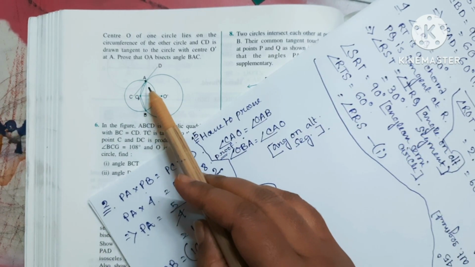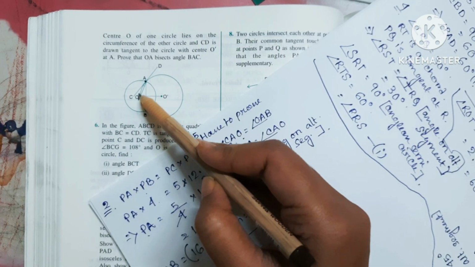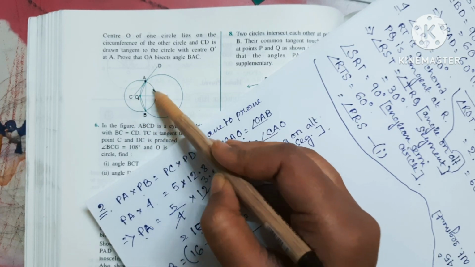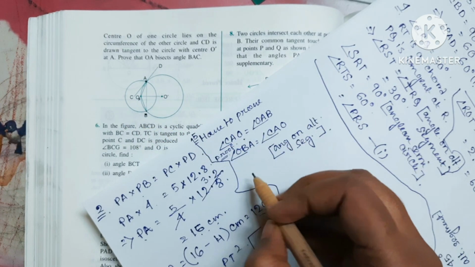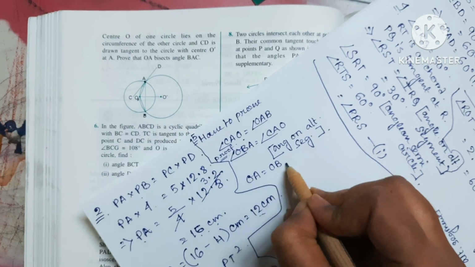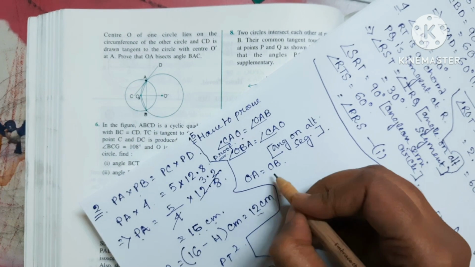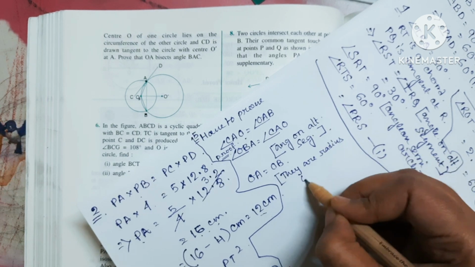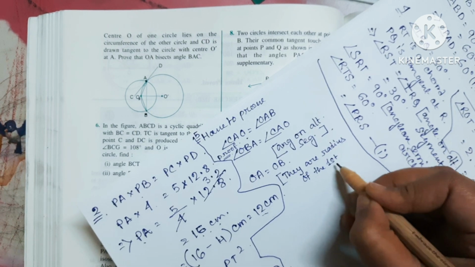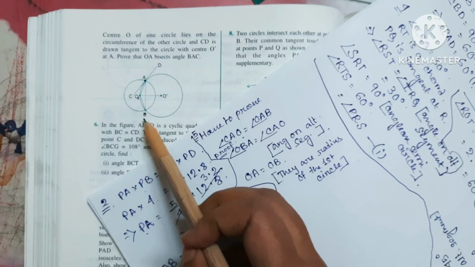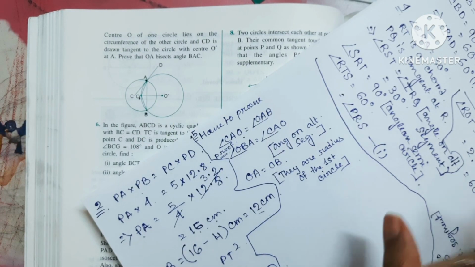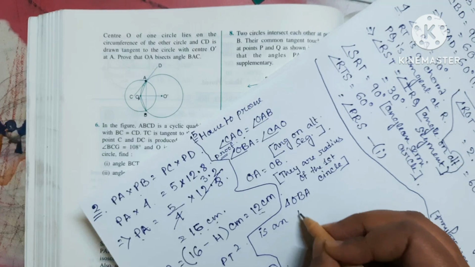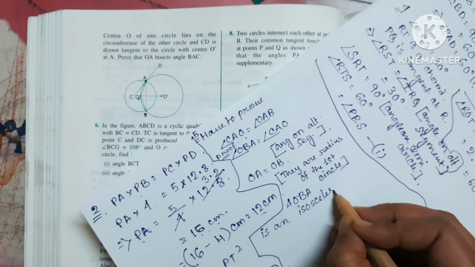Okay, in case of this triangle OAB, OA and OB are radii of the first circle, so they are equal. That means OA is equal to OB because they are radii of the first circle. So triangle OBA is an isosceles triangle.